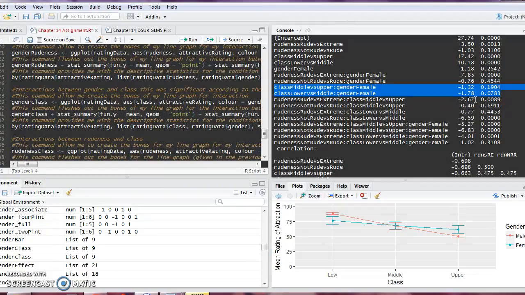If that was significant, then we would be saying the opposite. Men and women would give different ratings of attractiveness in accordance to lower and middle class. So in that case, middle class would be receiving a lower attractiveness rating than lower class.